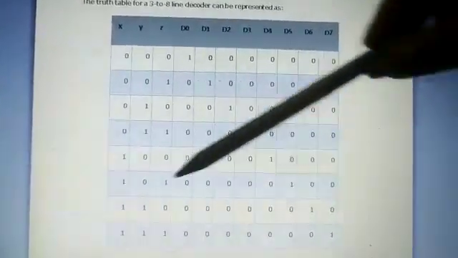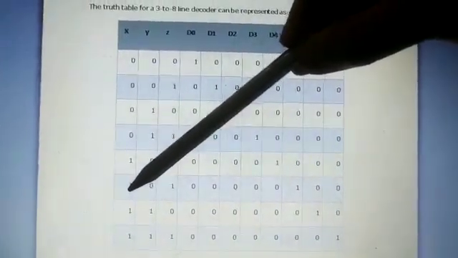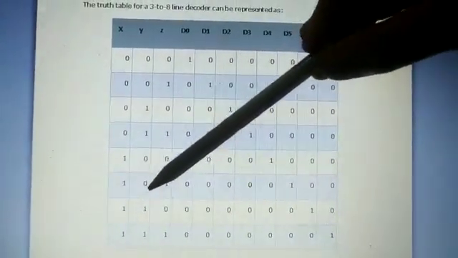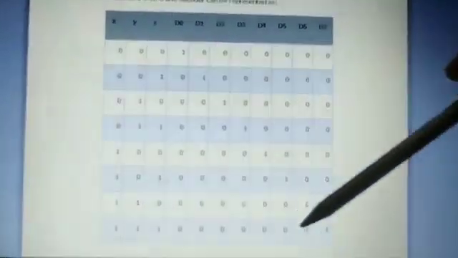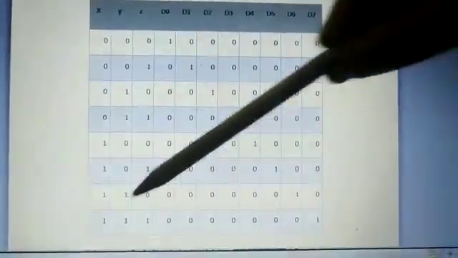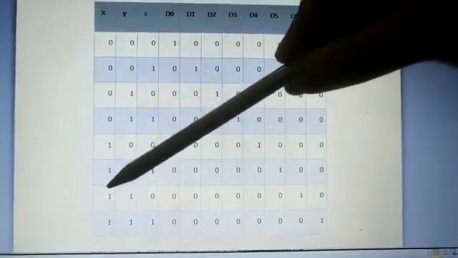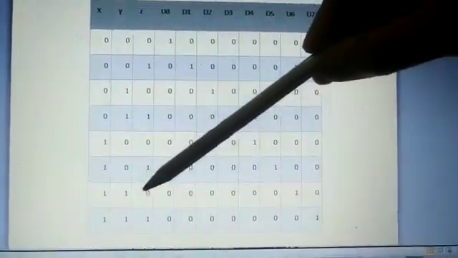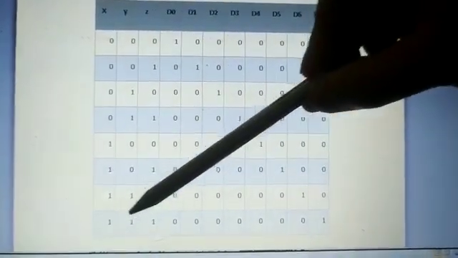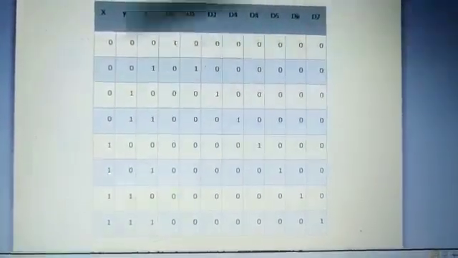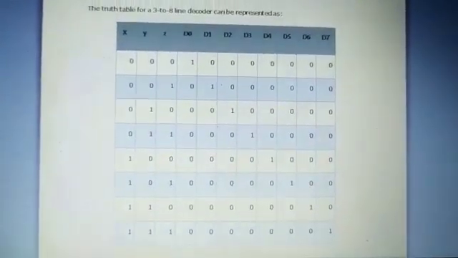D5 will be selected when X has 1 value, Y has 0 value, and Z also has 1 value. D6 will be selected when X and Y both have 1 value and Z has 0 value. And D7 will be selected when all 3, X, Y and Z, have the 1 value.